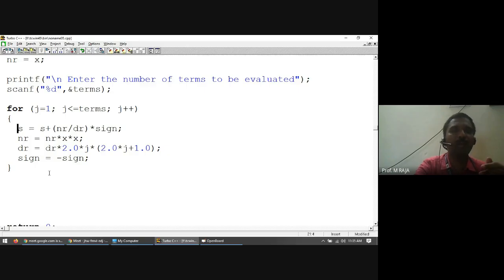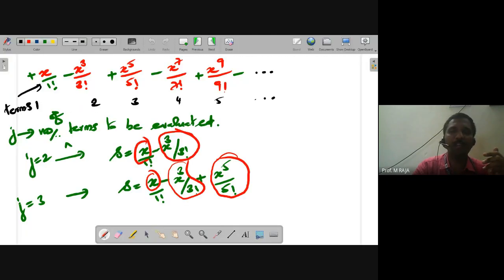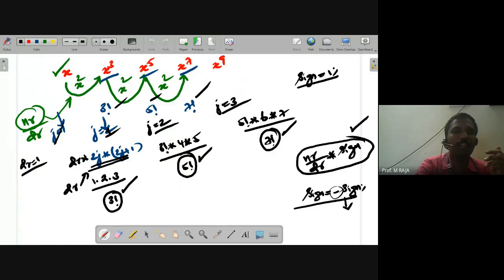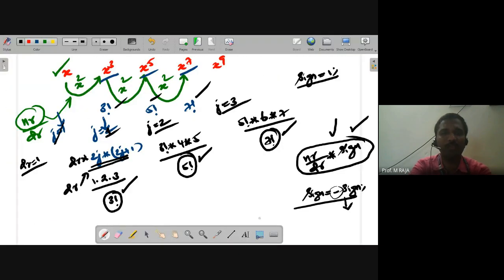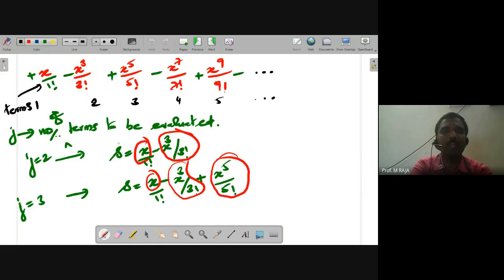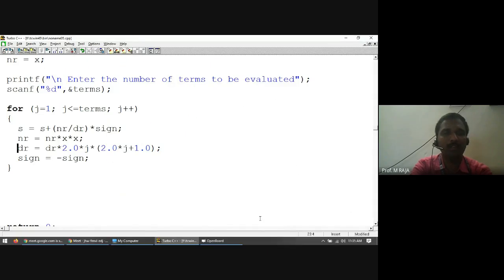Sign becomes minus 1, so x power 3 by 3 factorial is evaluated in numerator by denominator, and when this is multiplied with sign, current sign is minus, so we bring this term minus x power 3 by 3 factorial. So s is equal to s plus numerator by denominator into sign, which updates to x minus x power 3 by 3 factorial, stored in the variable s.